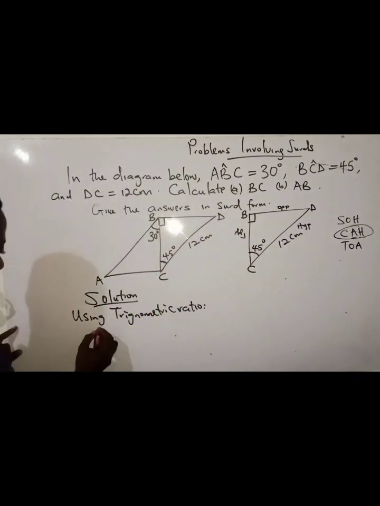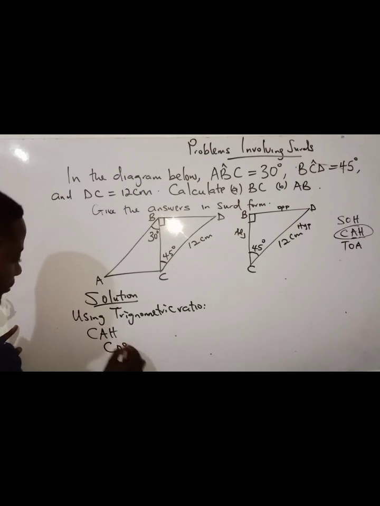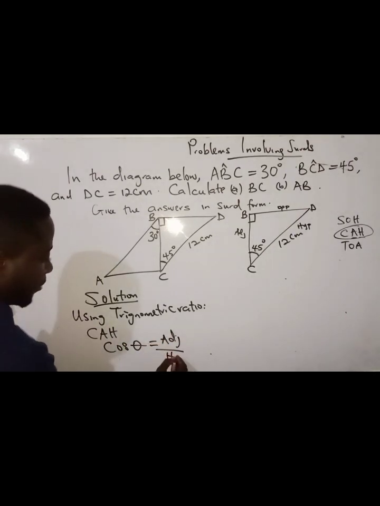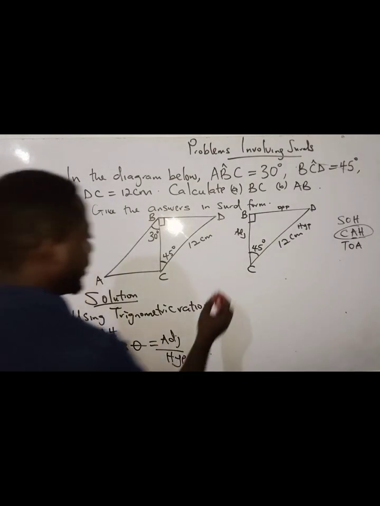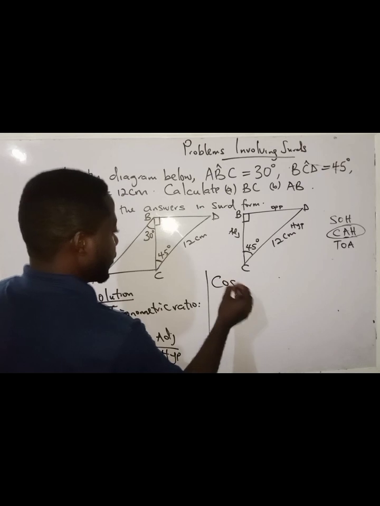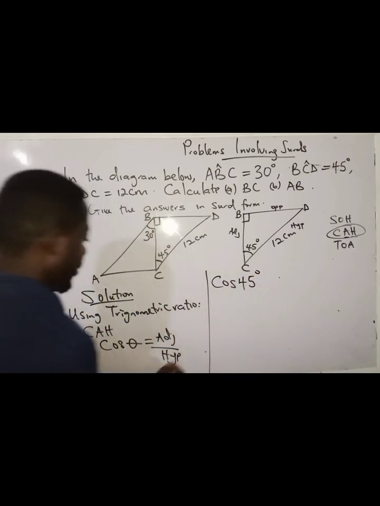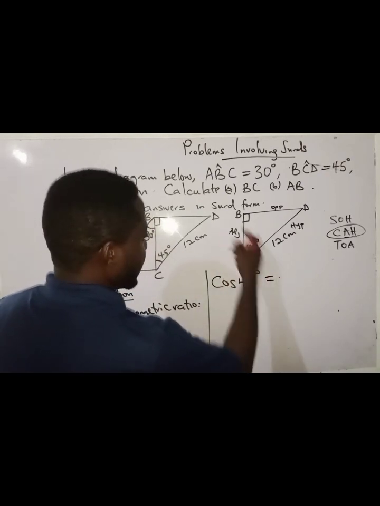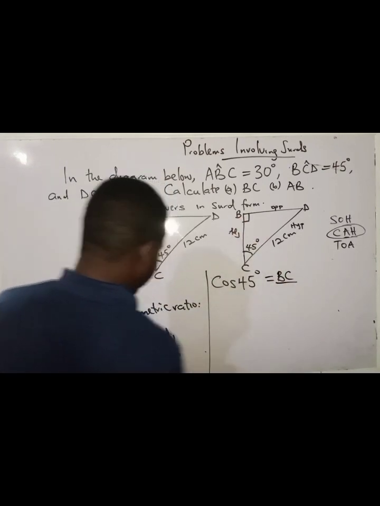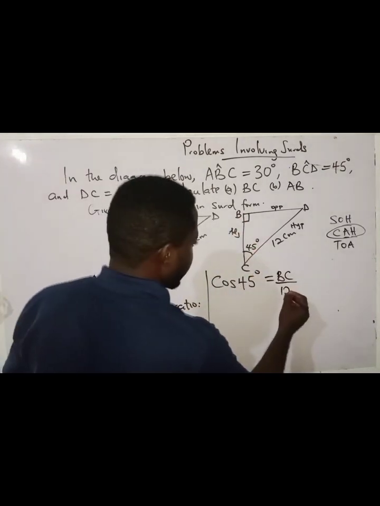So let's do that. Using CAH, which is cos theta equals adjacent over hypotenuse. So cos 45 degrees equals adjacent, which is BC, all over hypotenuse, which is 12.